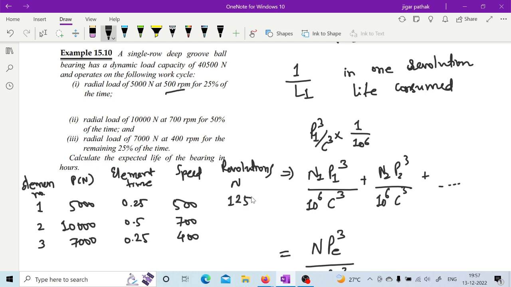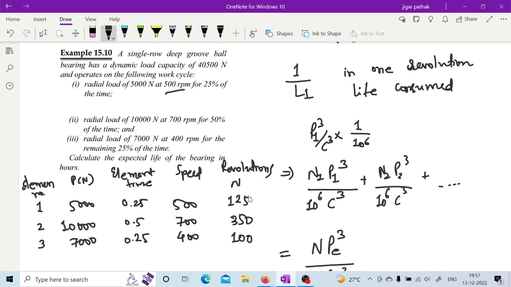So yes, as you were telling, N1 represents the duration for which that particular speed and load are there. So that is 125, 350 and 100.